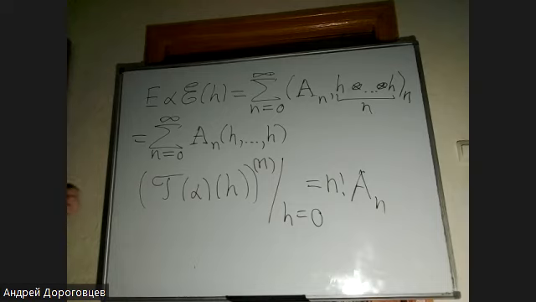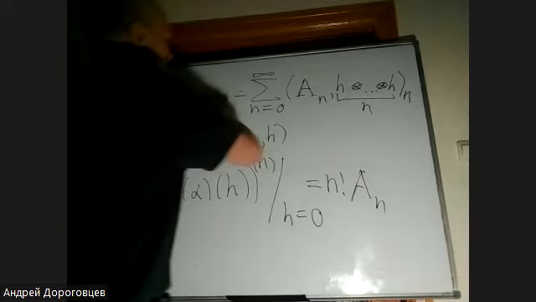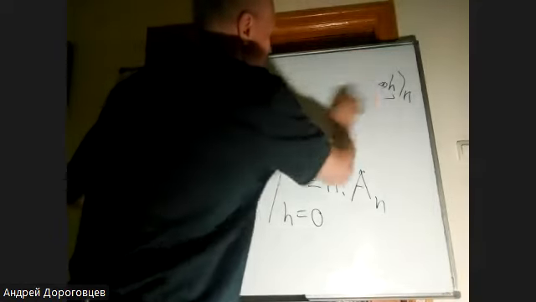Now it is easy to understand that we have a way to define the stochastic derivative and the adjoint operator using this chaotic expansion. So let me show you the definitions.